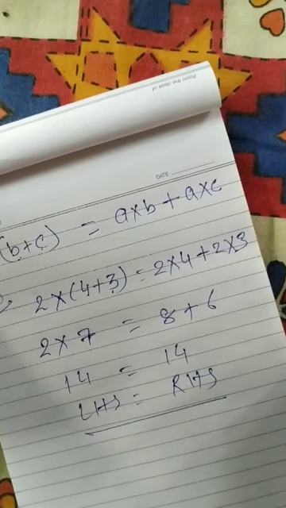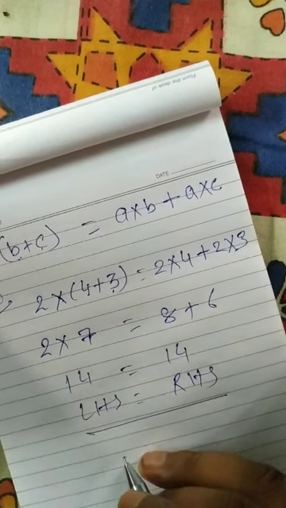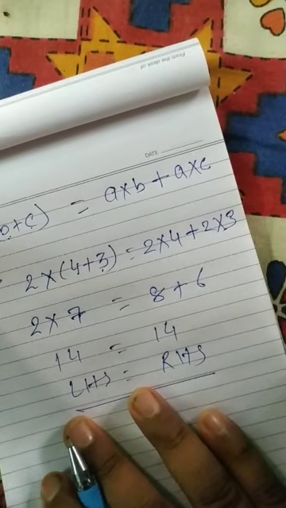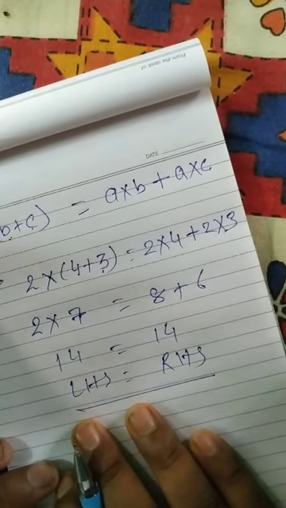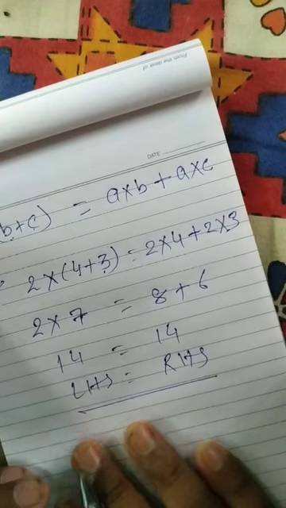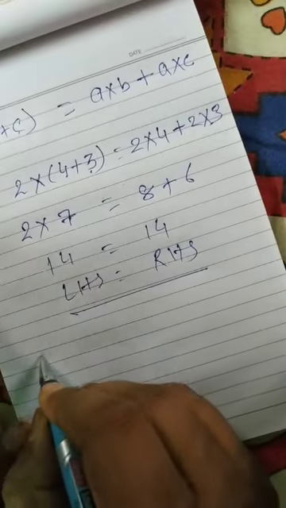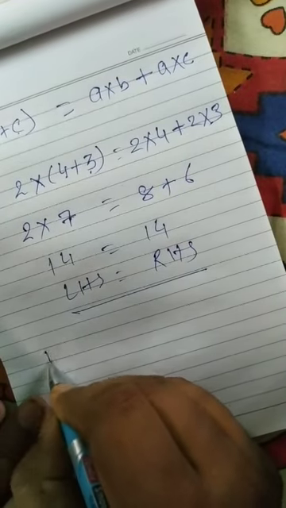Now one more property, multiplicative identity. Multiplicative identity means multiplication of every integer with 1 always gives the integer itself.